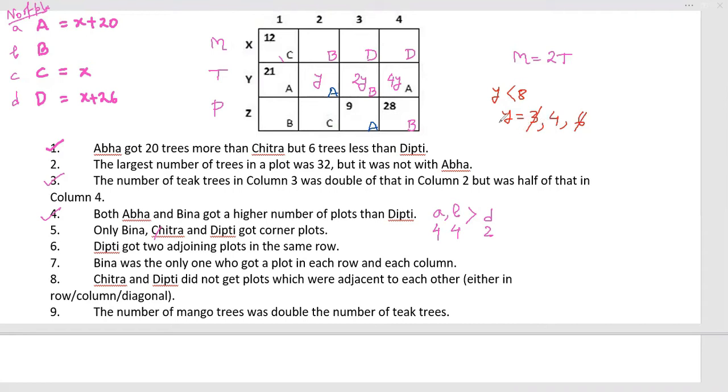So y needs to be 4. What does it mean? We can find the numbers here. So this is 4, this is 8 and this is 16. So I have received one piece of information, that the data in these 3 plots, the number of trees will be this much.